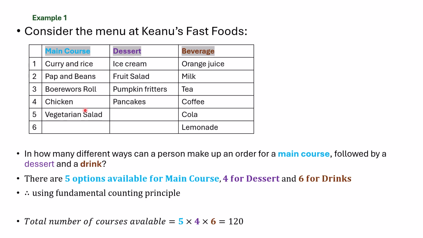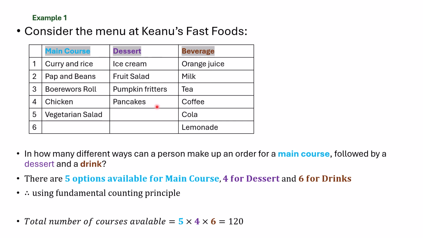It's catering nicely for those that like vegetarian, those that love their meat, those that love chicken, etc. Desserts, we have ice cream, fruit salad, pumpkin fritters, for those of you that love sugar and sweetness, then pancakes, nice cinnamon. Beverages, we have your orange juice, freshly squeezed, milk, tea, coffee, cola, lemonade, right?